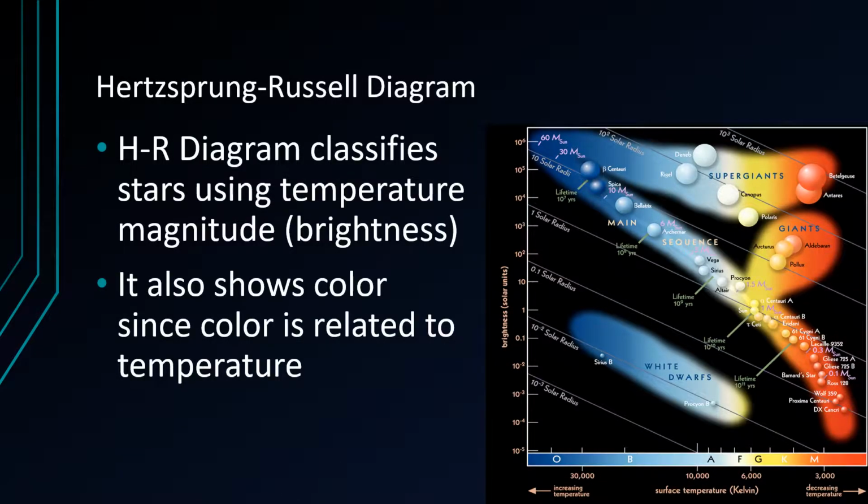So Hertzsprung-Russell diagrams are a tool that we use to classify stars using their temperature and magnitude, or their brightness. Now it also shows color, since color is related to temperature, if you remember from our EM spectrum review.